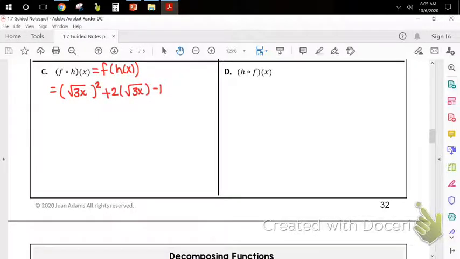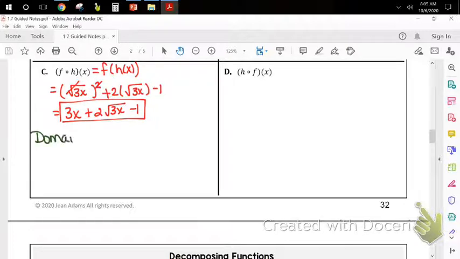And so we're going to simplify if possible. Well, the square root of 3x squared, the square and the square root cancel, so we get 3x. 2 times the square root of 3x, but we can't do anything with it, so it's just 2 square root of 3x, and then minus 1. I don't have any like terms, so there we are simplified. So now for the domain, remember we have to look at the domain of the input.